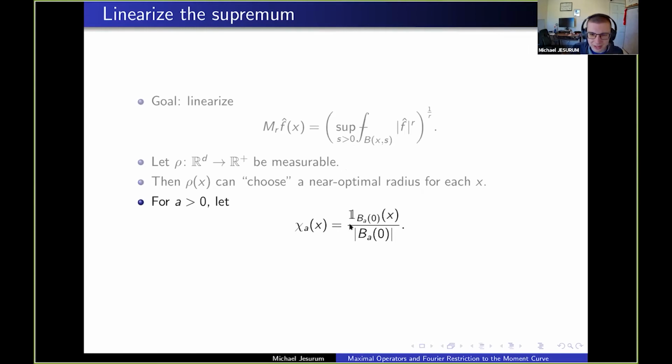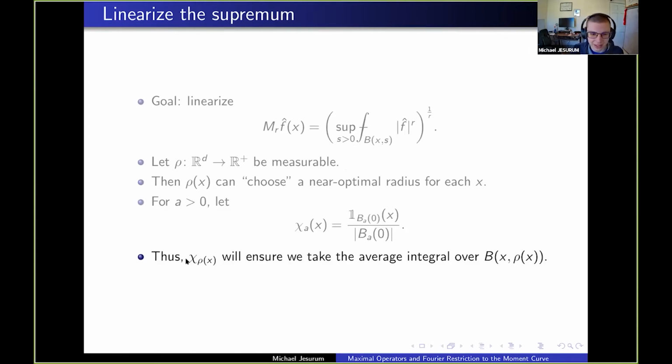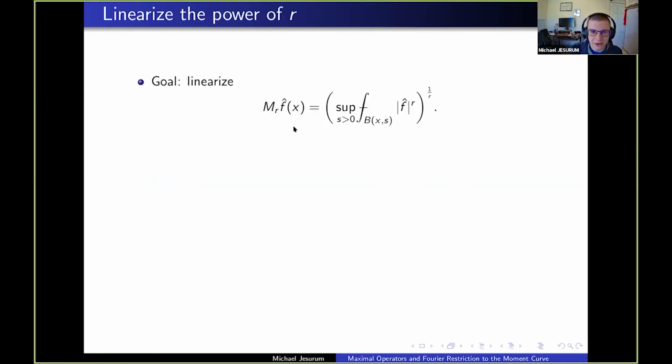And if we look at these normalized characteristic functions, then multiplying in chi rho of x will ensure that we're doing an average integral over the ball of radius rho of x centered at x. So as rho ranges over all measurable functions from R^d to R plus, we'll be able to take care of that supremum.